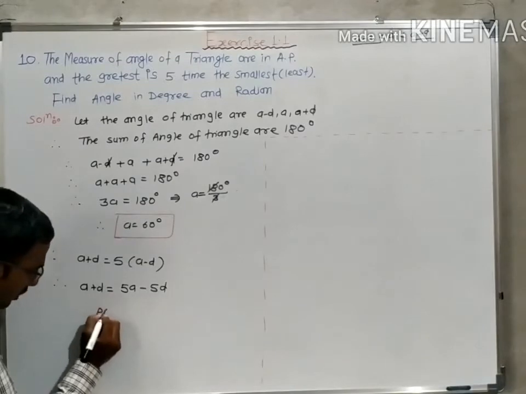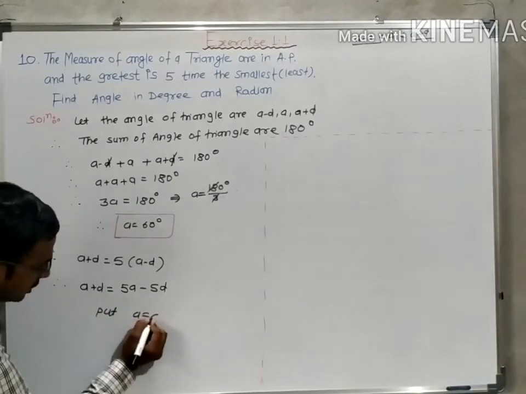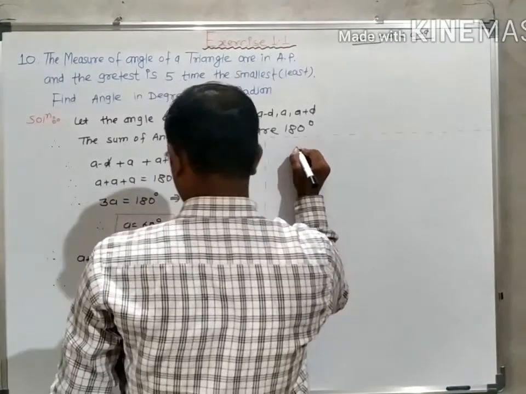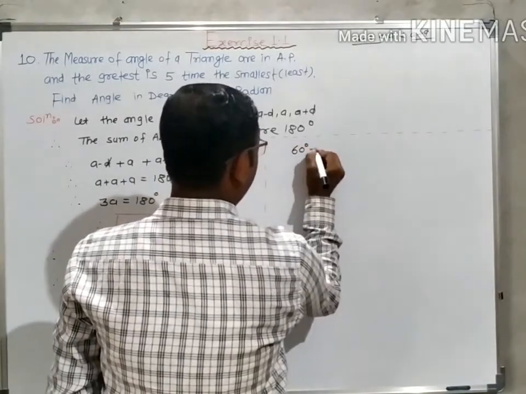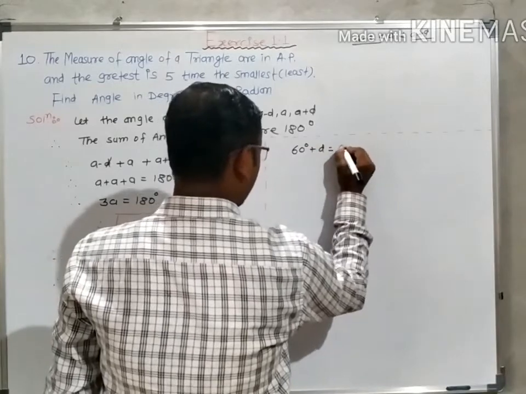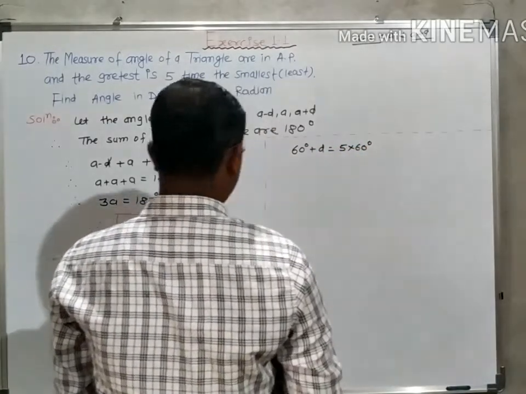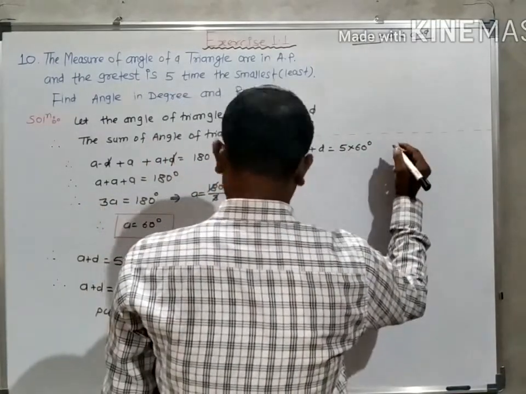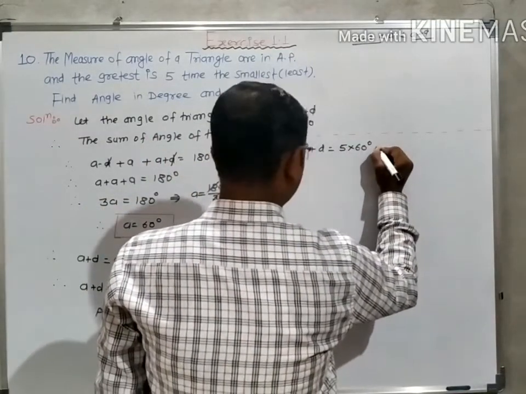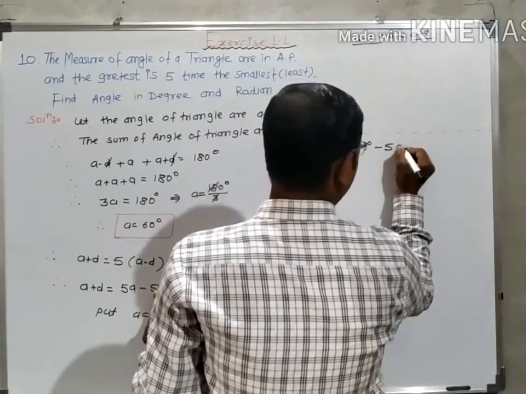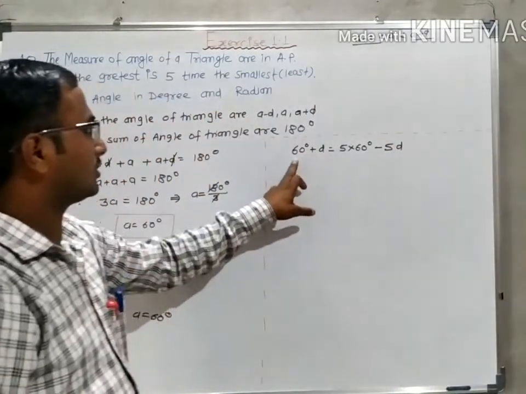Put a is equal to 60 degree. So 60 degree plus d is equal to 5 into 60 degree minus 5d. Substitute a is equal to 60 degree.